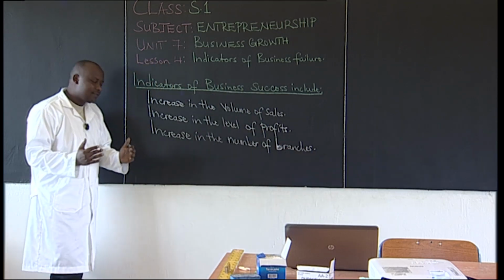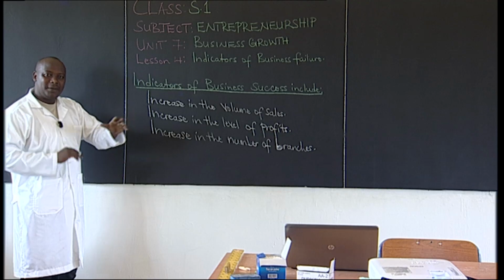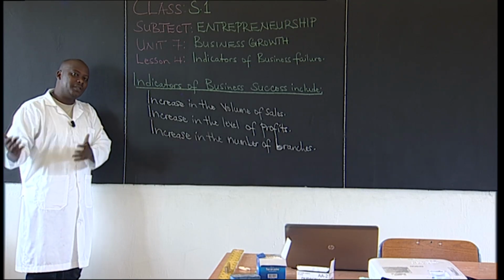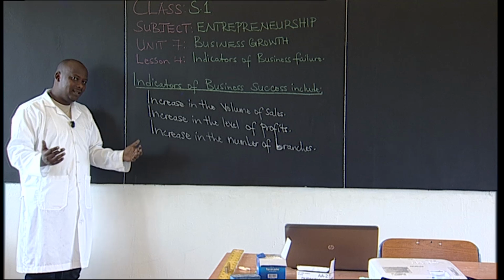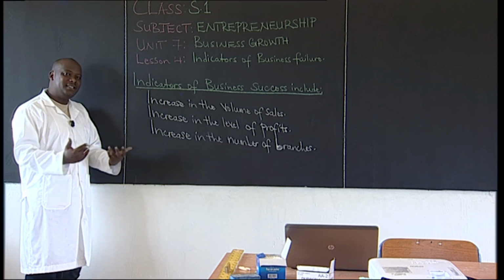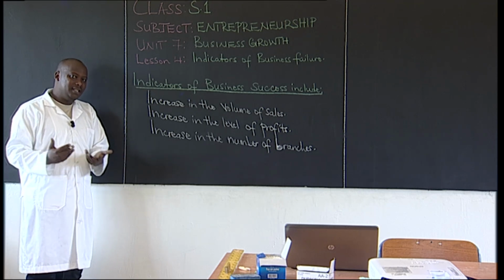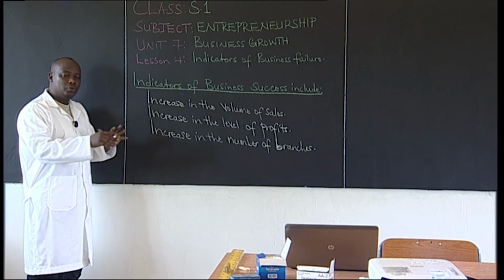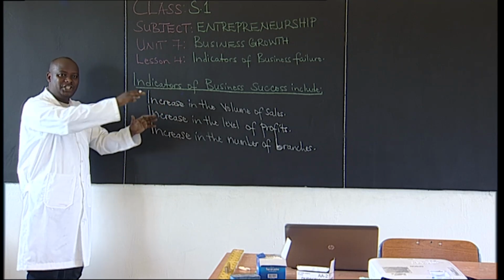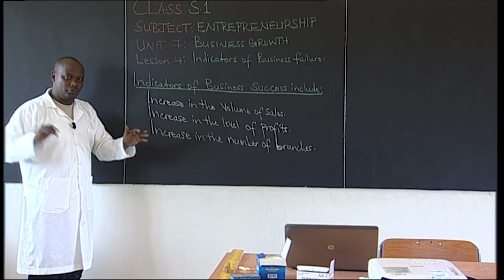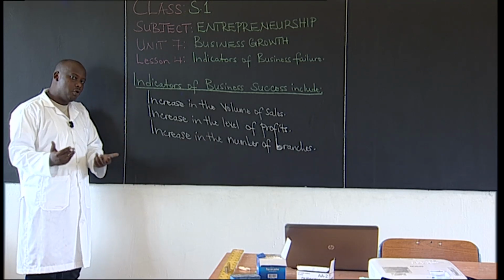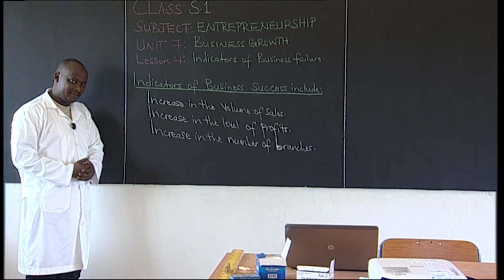When a business is able to set up other branches, establish other branches in all parts of the country, that is a sign or an indicator to show that a business is succeeding, a business is growing. Because a business is able to open other branches in different parts of the country. That is also an indicator to show that a business is growing or expanding in size.